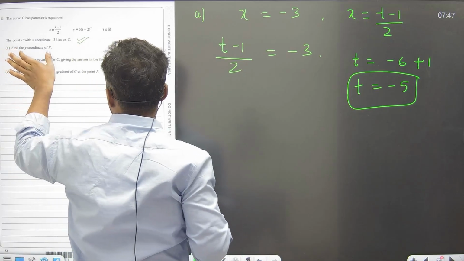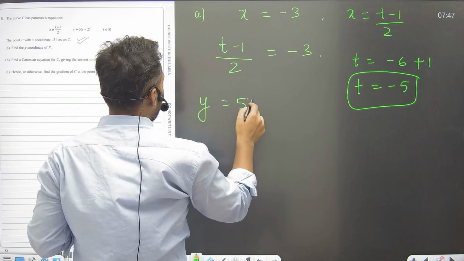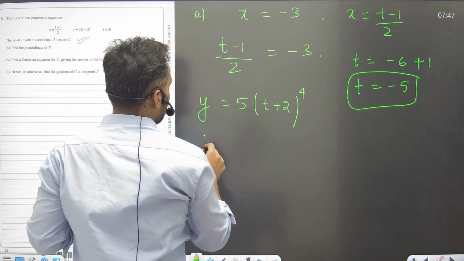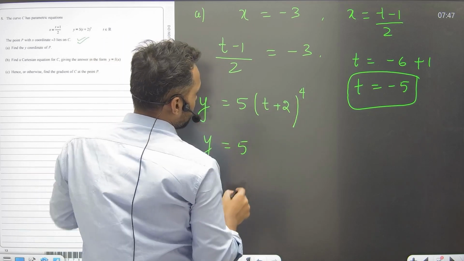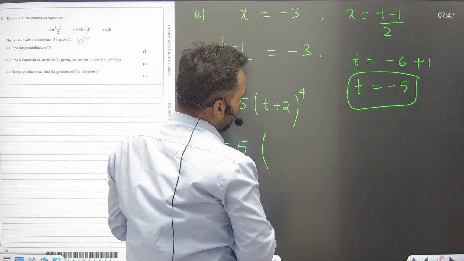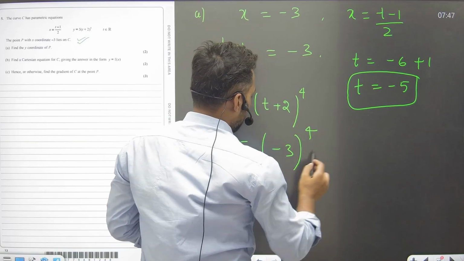Now we need to find the y coordinate of P. So for y, that is (5t plus 2) raised to the power 4. So y will be equal to 5 times t, here t is negative of 5, plus 2, which will be negative of 3, raised to the power 4.